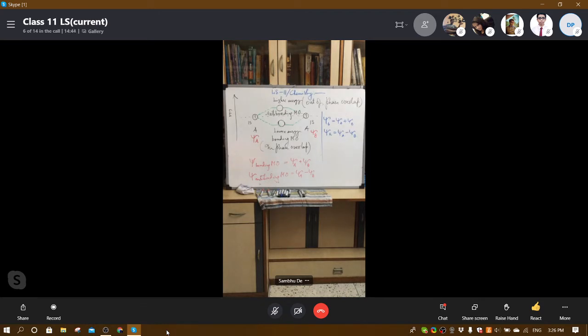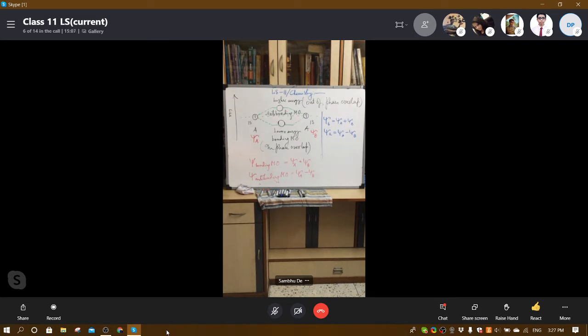Now we know that psi gives the wave function, but psi square gives the probability of finding the electron in atomic structure. Psi square, wave function square, gives the probability of finding the electron. And that is more applicable because psi square value will always be positive.